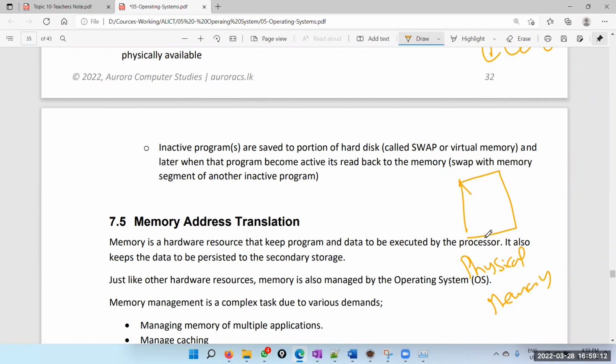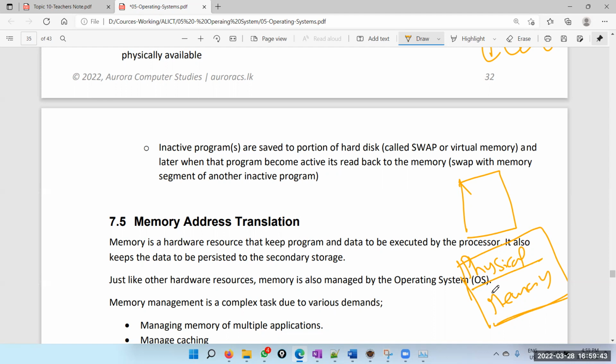It depends on your memory chip. Maybe one person has 4 GB, another person 8 GB, another laptop 12 GB, even 16 GB or 32 GB. That is called physical memory, and that is the reality, the real memory.